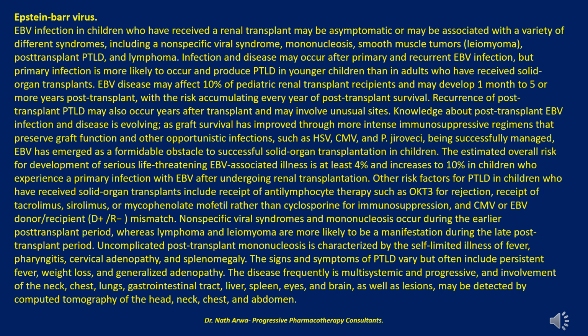Infection and disease may occur after primary and recurrent Epstein-Barr virus infection, but primary infection is more likely to occur and produce post-transplantation lymphoproliferative disorders in younger children than in adults who have received solid organ transplants.